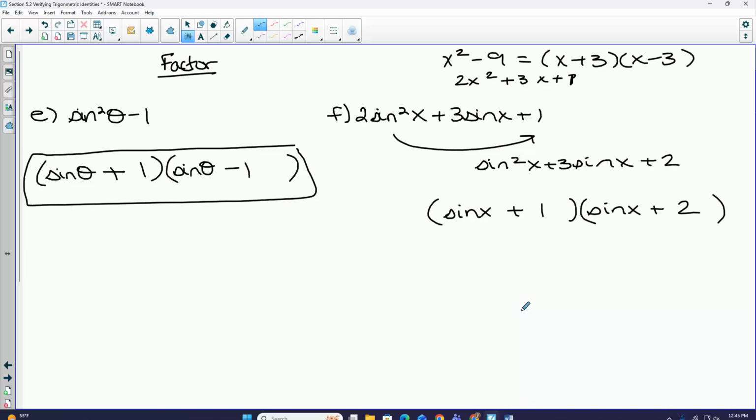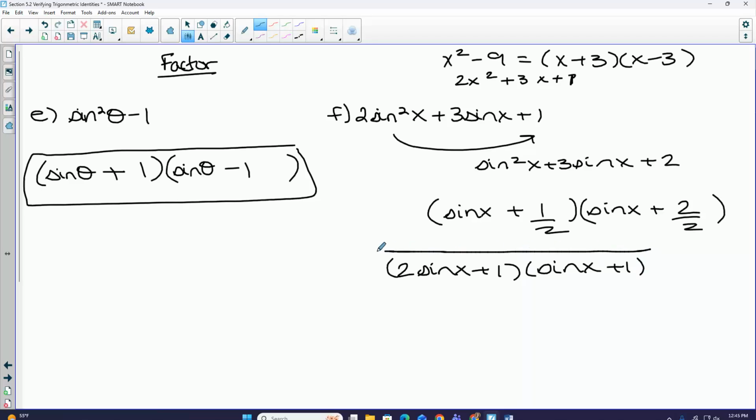And then what do we do? 2 sine x plus 1 and sine x plus 1.